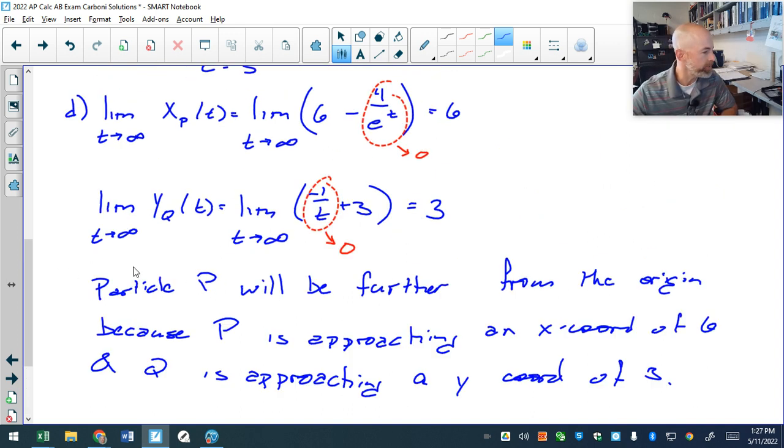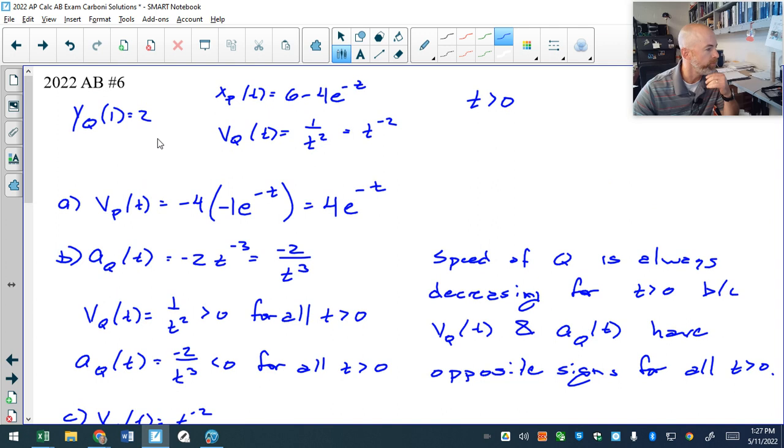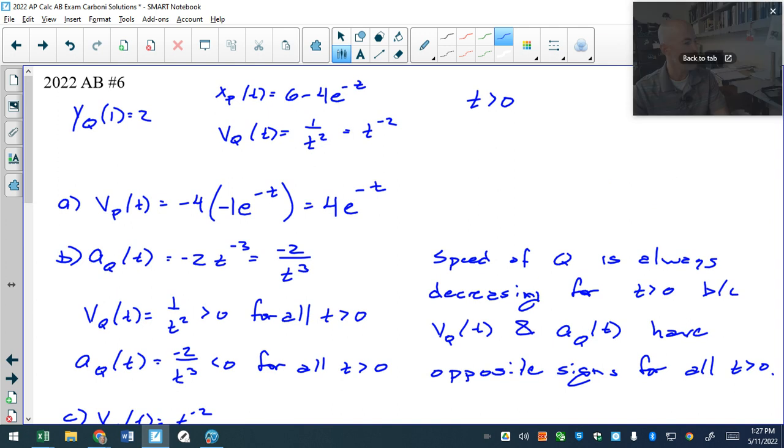And there we go. That is all the parts. That is numbers 1 through 6, and that is all of the last question on the 2022 AB exam.